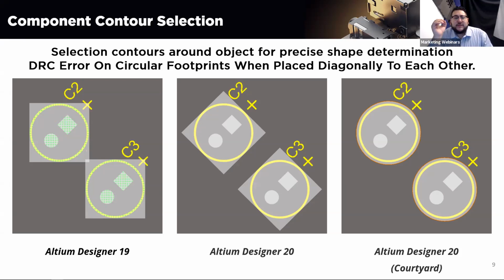In Altium Designer 20, we have improved how the component boundary is created. It no longer goes to the greatest area of the component. So it makes a better dynamic shape around the component selection. And if you have accurately defined a courtyard, as you see in the last picture, it will take the shape of the courtyard and give you the most accurate shape for selection.